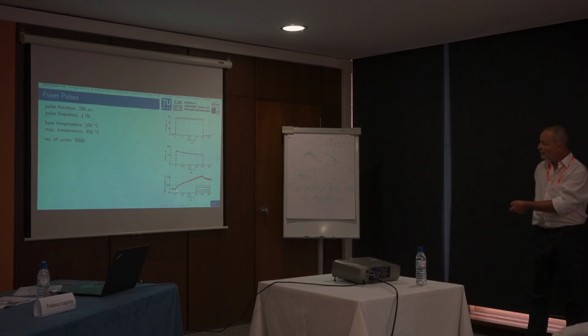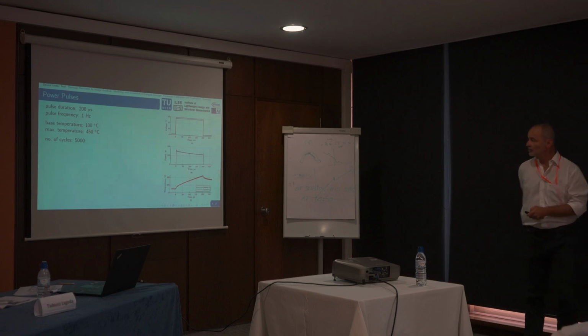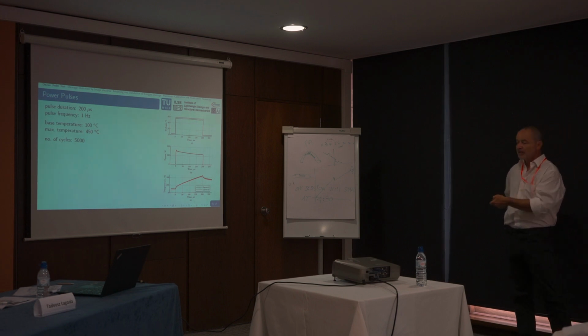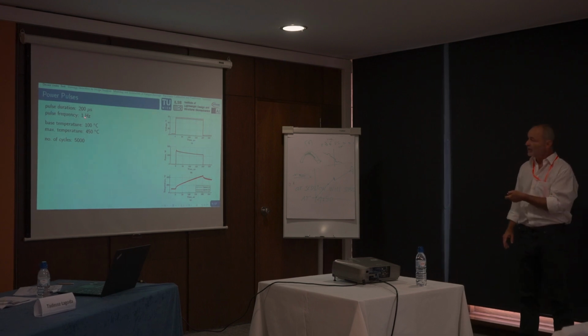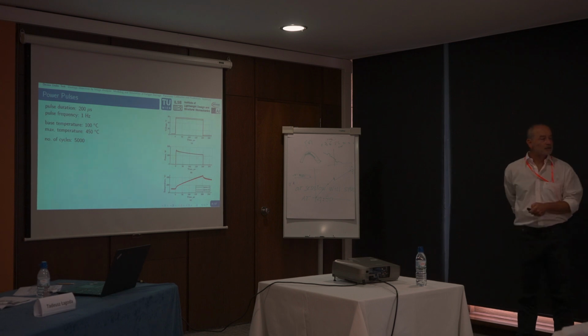This pulse takes 200 microseconds, and it is repeated every second. So there's a lot of time to cool down and to distribute the heat. The base temperature from which we start is 100 degrees centigrade, and the maximum temperature in the device is about 450, and at the long cooling time it goes back down to 100 degrees centigrade.